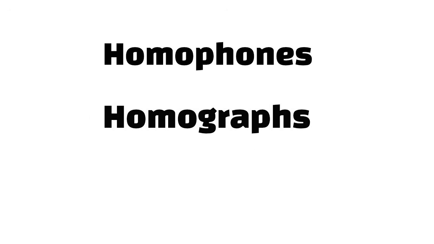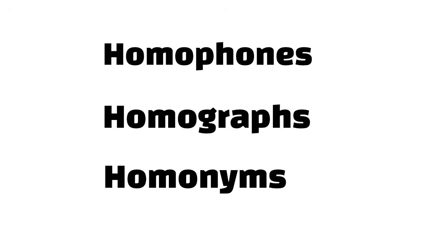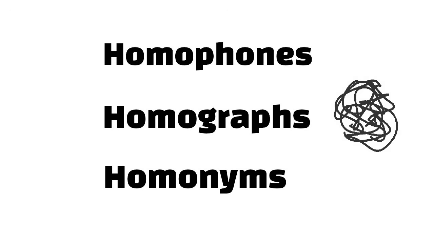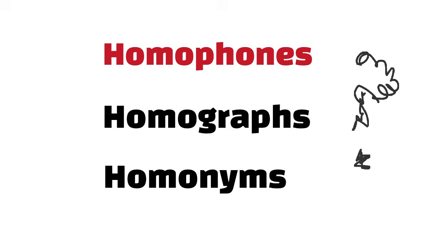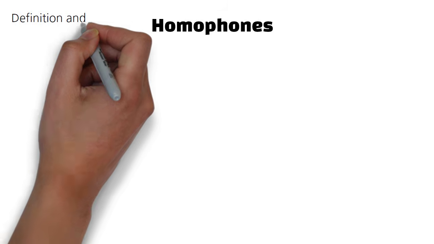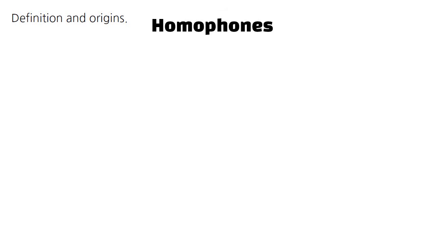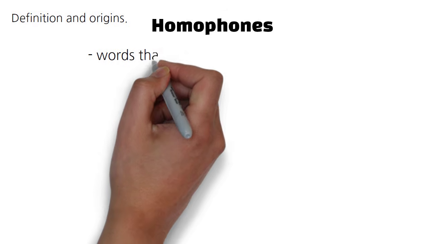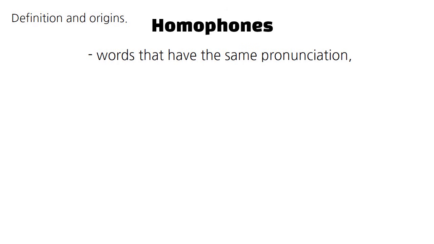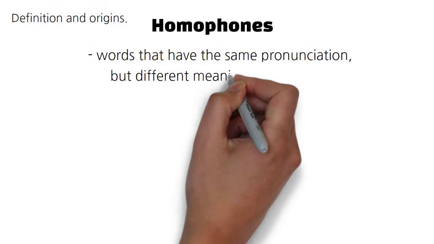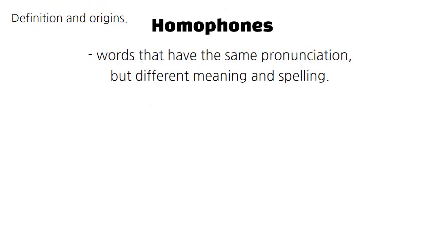Okay, homophones, homographs, and homonyms. What are they? Let's start with homophones. Before we give you some examples, we'll start with the definition and origins. Homophones are words that have the same pronunciation but different meaning and spelling.